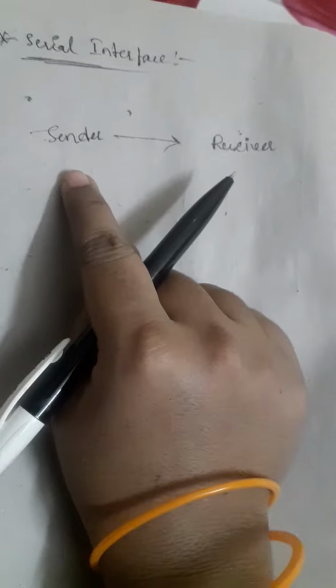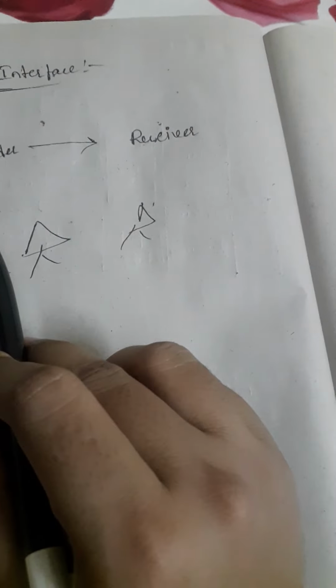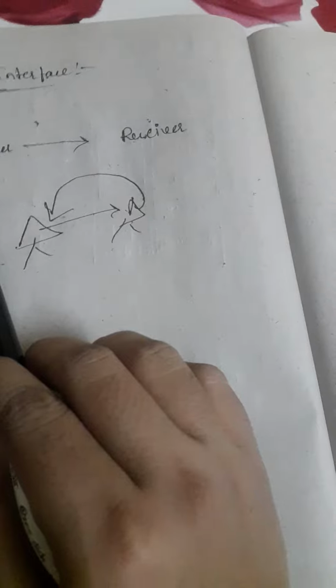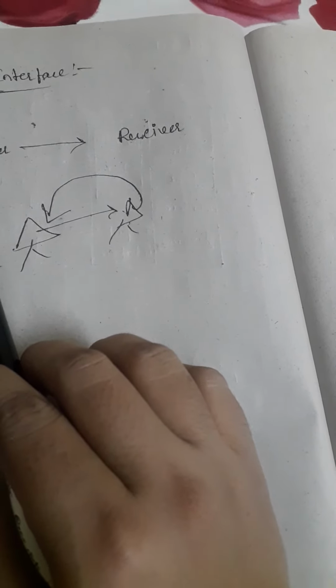There is no multiple transmission here, not many bits transmitted at a time. Only a single bit is transmitted, one way, at a time. If this computer sends data to another computer, and once the computer transmits the data, this computer replies back with data.